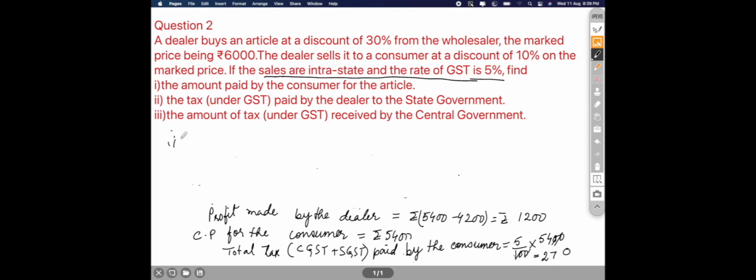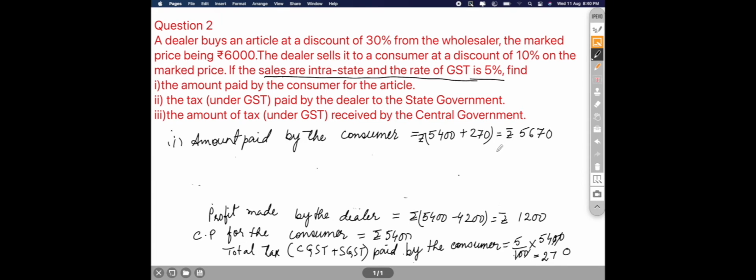So part 1, amount paid by the consumer for the article will be 5,400 plus 270 rupees, that counts to rupees 5,670.